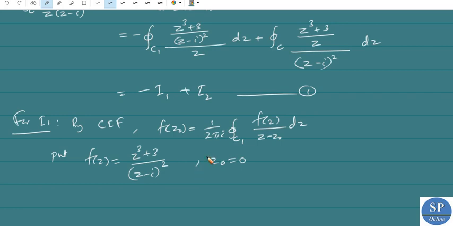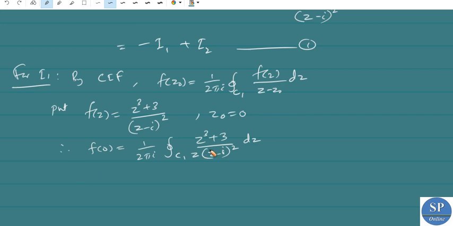Therefore f of 0 equals 1 by 2 pi i into integral over C1 of (z cube plus 3) divided by (z minus i) whole square, divided by z minus z naught, which is z minus 0, that is z, dz.